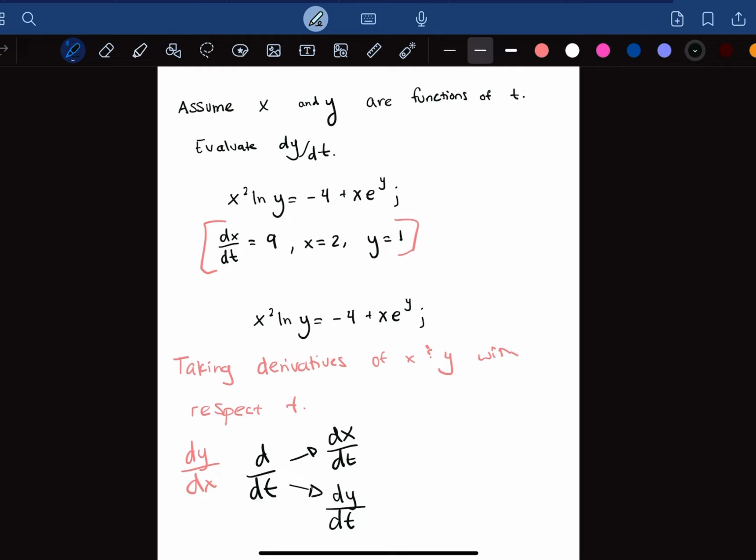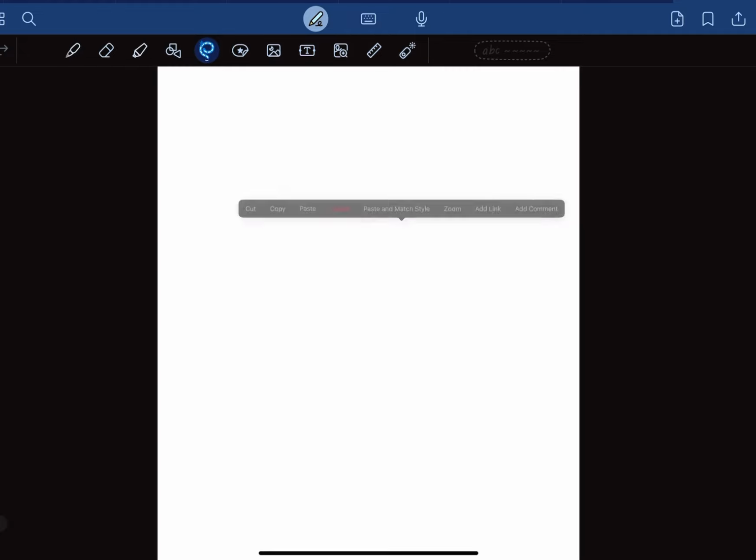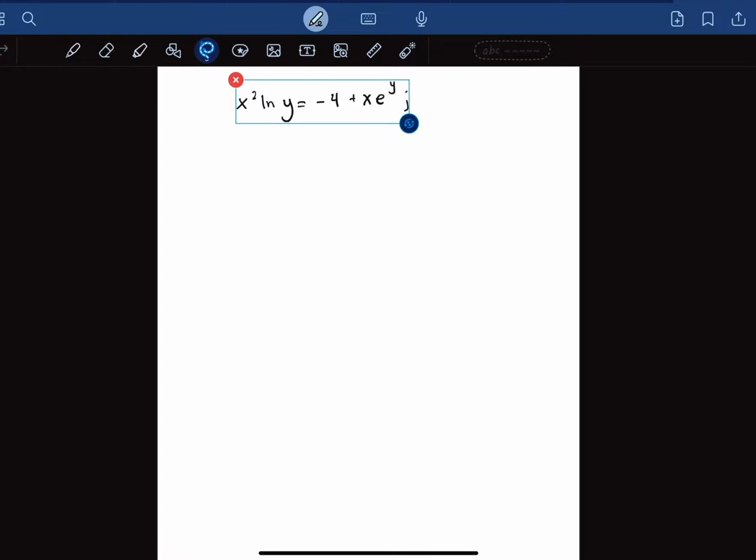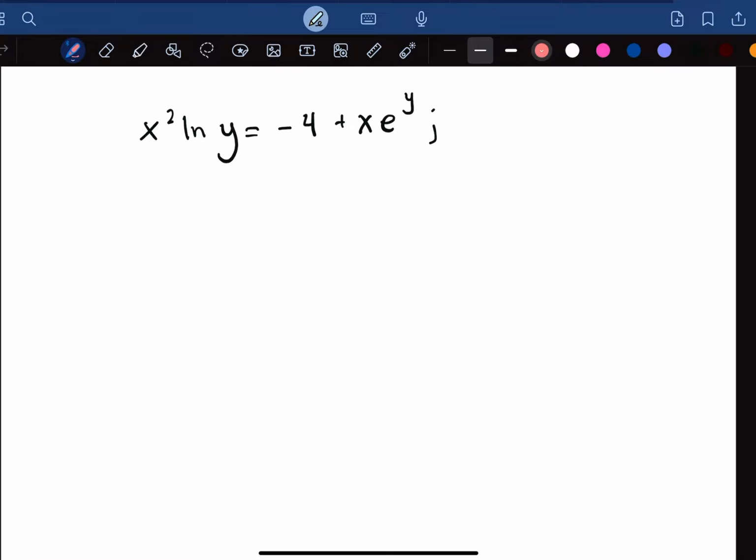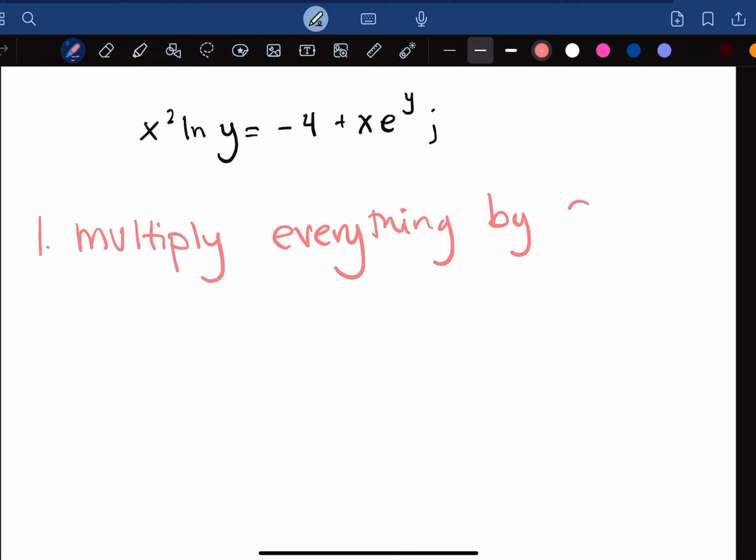Looking at this equation, all we're going to do is differentiate, using similar steps to any implicit differentiation problem. So here is our problem. The first step is to multiply everything in the problem by d over dt, showing that we are taking a derivative with respect to t.